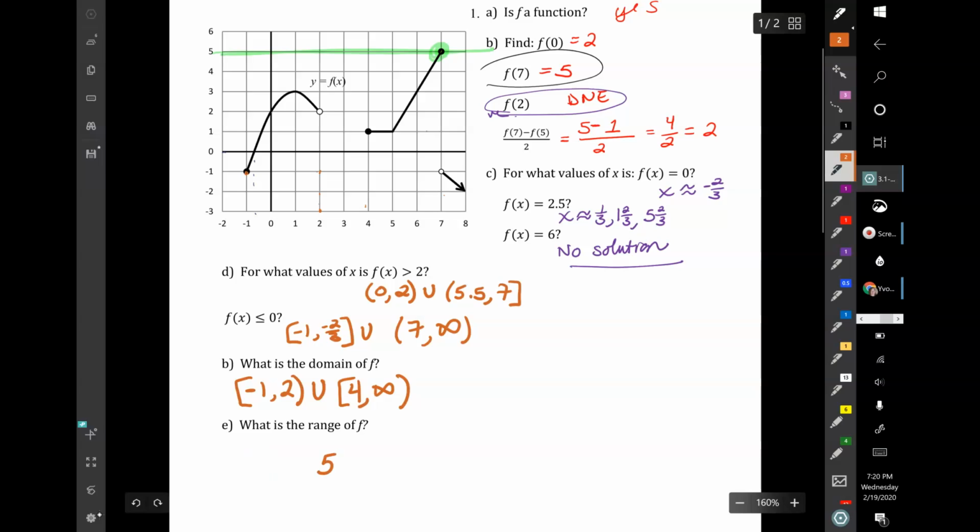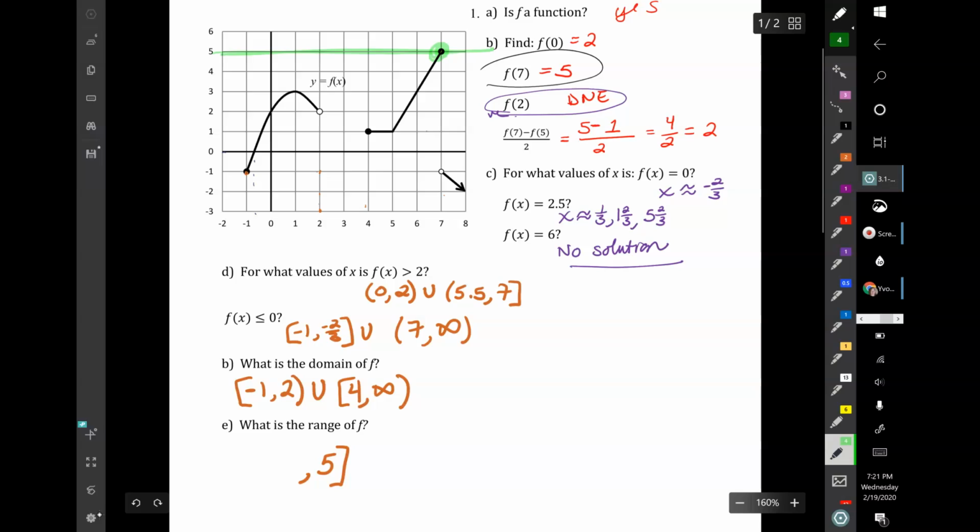And then instead of going up from there, I'm actually going to go down, because that's how my graph lays out. So that's my top cap. So I'm going to put a right bracket around that 5, and then figure out what's my lowest y value.